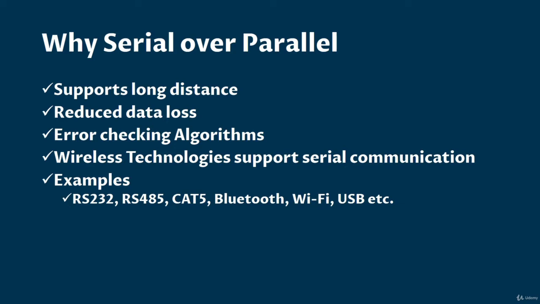Serial communication also supports error checking algorithms to reduce the data loss. If the receiver didn't receive the data properly, it may request the sender to send the data again. This type of method exists in serial communication standards. Now I guess you have understood why we need serial communication.